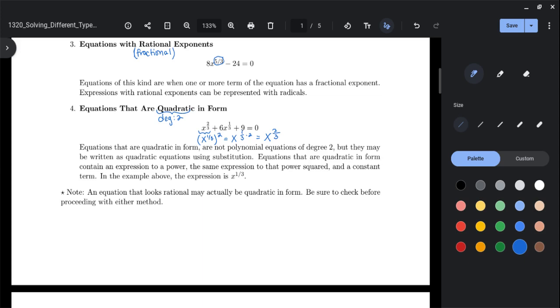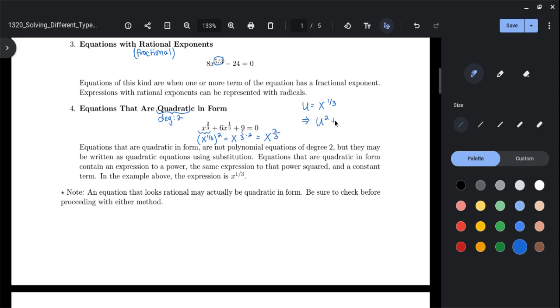And so therefore, if I were to call that x to the 1/3 something, we can call it a variable u, then that means that I can rewrite this equation as that u squared. And then you'll notice that this middle term also has an x to the 1/3 power.